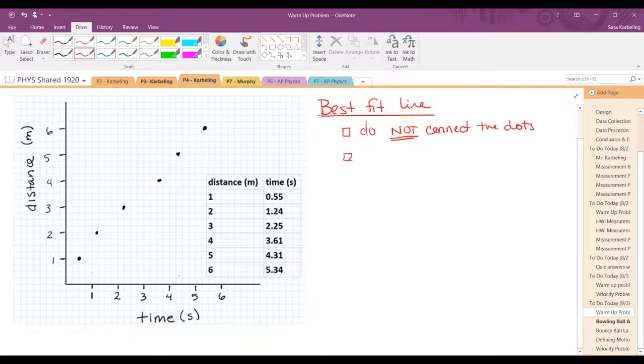Instead, you're going to place your straight edge, okay? Such that you have as many points going through it and a balance a little bit below and a little bit above.